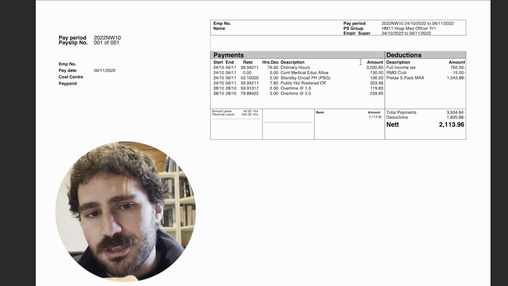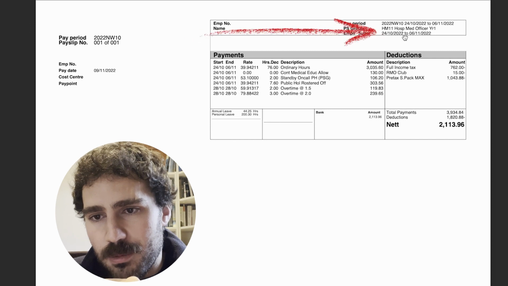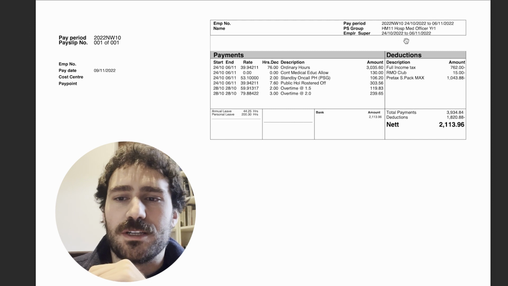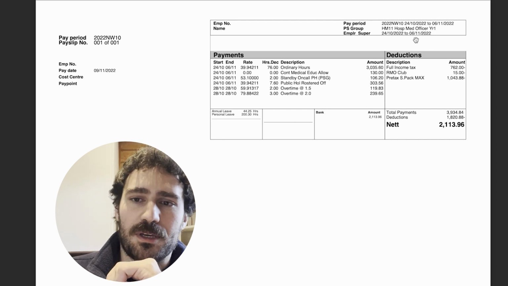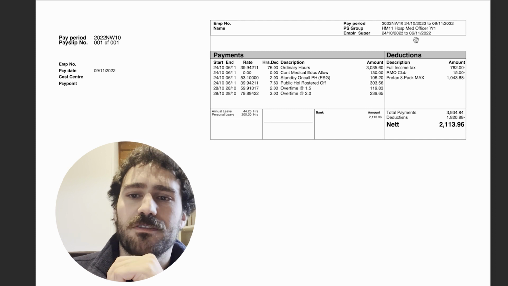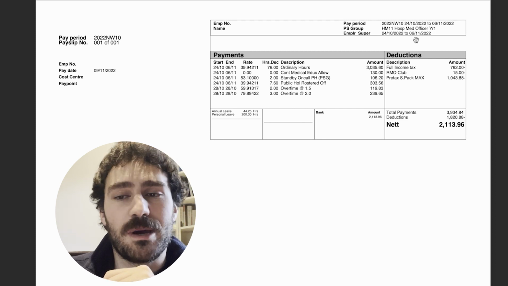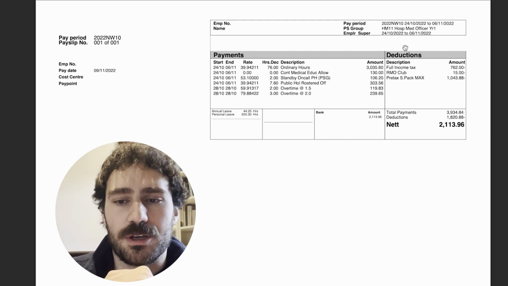And essentially the way I know this is if you go up the top here, it says the 24th of October 2022 till the 6th of the 11th 2022. So this is the period in which I got paid for this. Usually most hospitals do it on a fortnightly basis, and the hospital that I was working at last year is no different.